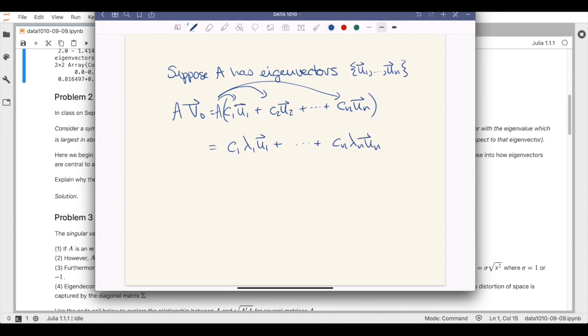And if we applied A k times instead of just once, then we would just get k factors of lambda on each term instead of just one. Again, just repeatedly applying A. And the idea here is that if one of the eigenvalues, let's say lambda 1, is larger than all of the other ones, then that term is going to dominate.